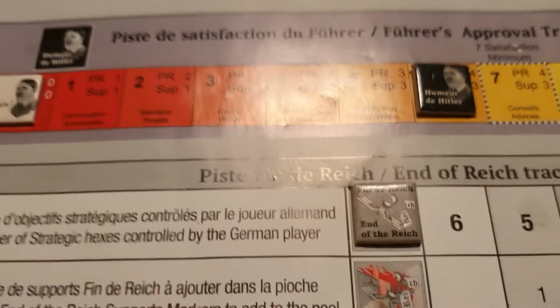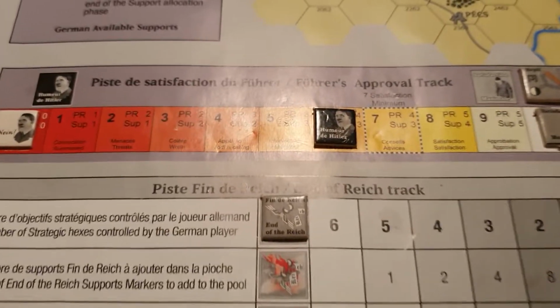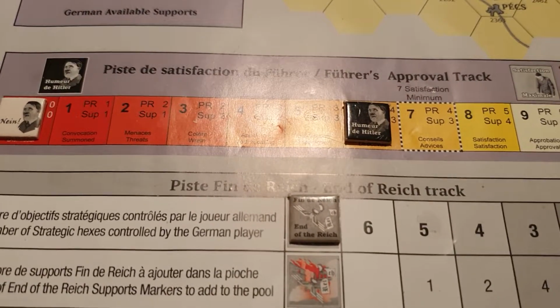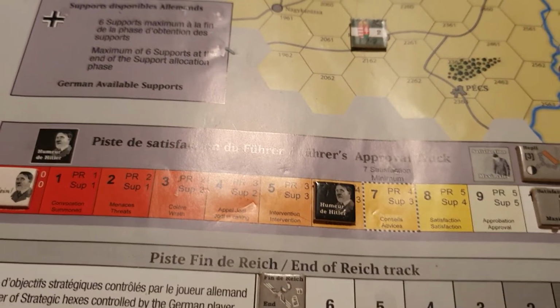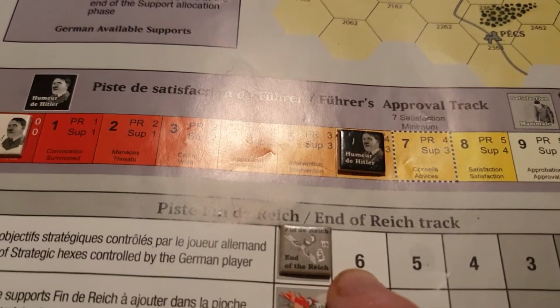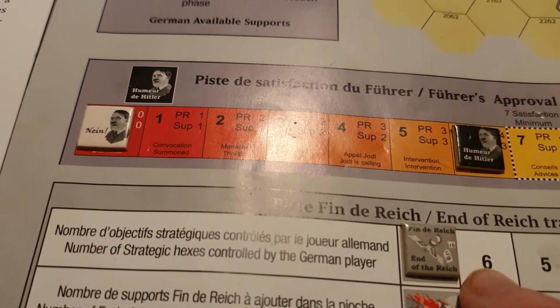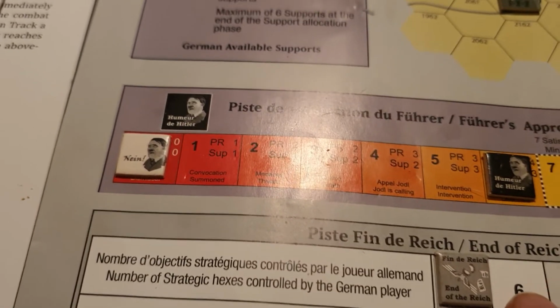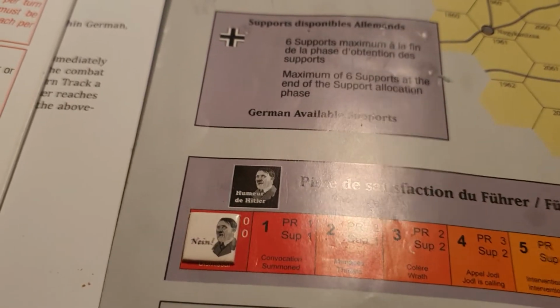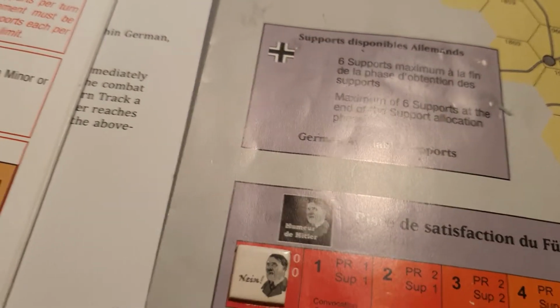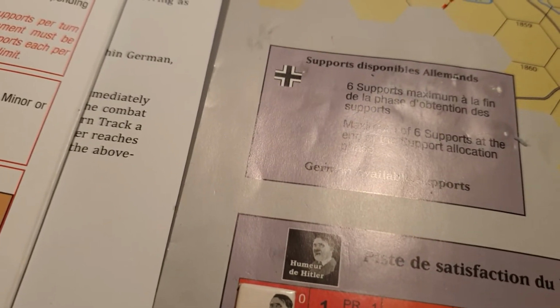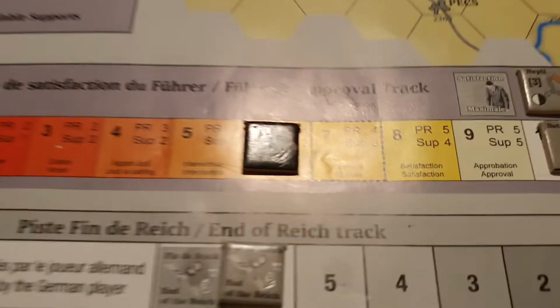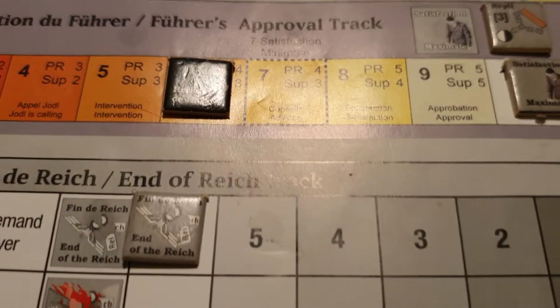Another little track you see here, which is the end of the right track. This is triggered really as the Germans start losing strategic cities or strategic hexes controlled by the German player. Now there's a maximum of 6 on the board, which I can't give you the names of them.